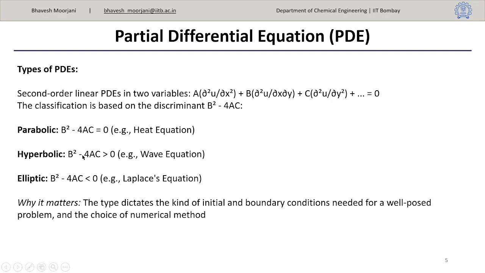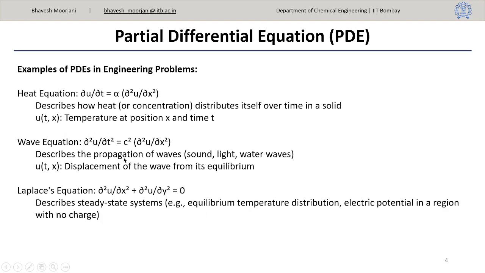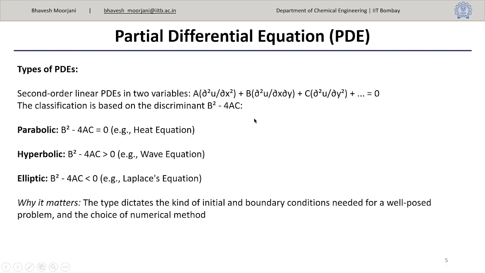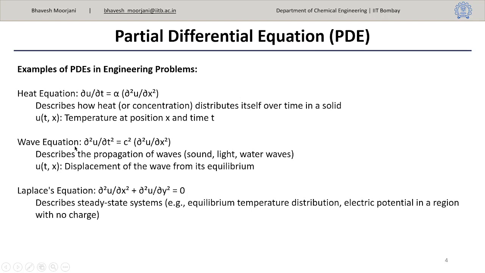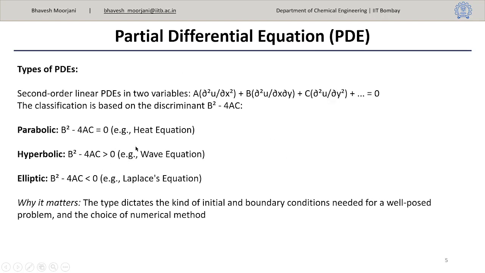Sorry, this won't be plus c square, it will be minus c square, because you have to put all the terms on one side, right? So one coefficient will be 1 and the second will be minus c square. So 0 minus 4 into 1 into minus c square becomes 4 times c square, which is greater than 0, so that becomes your hyperbolic equation.